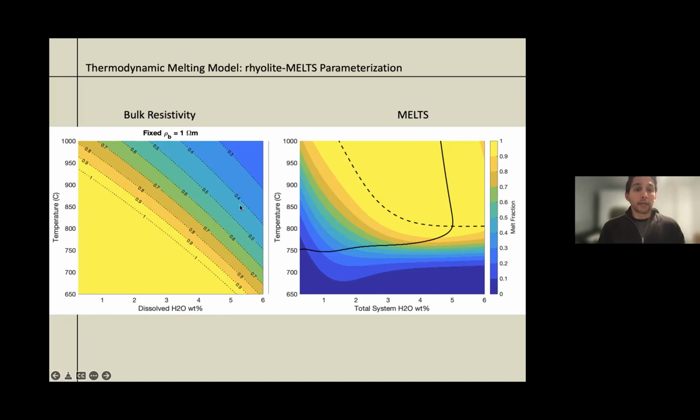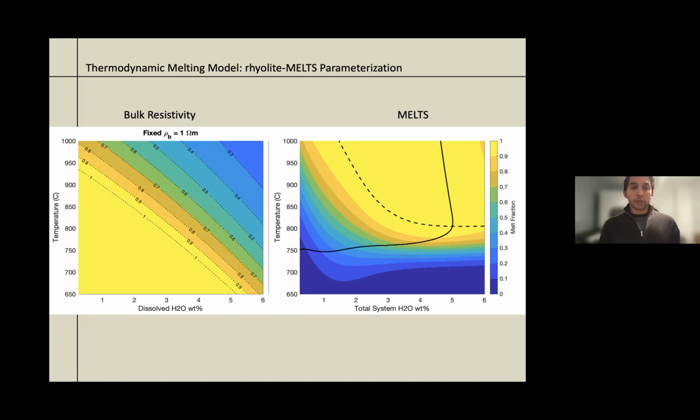So all the water in this system is dissolved in the melt. Whereas here, instead of dissolved water in the melt, you've got the total system water. So that's how you end up with the saturated regime where water is not just dissolved in the melt, but it can actually form this 3rd fluid phase below.